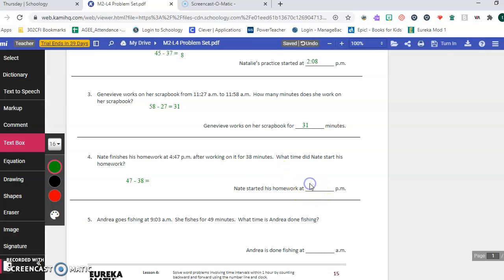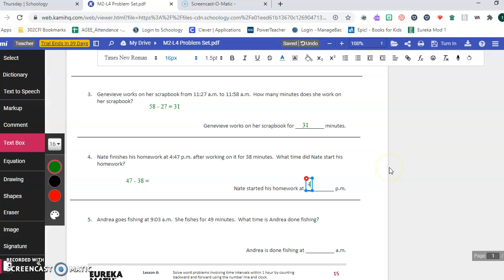Remember, we're working within the hour here, and it tells us that he's in the 4 o'clock hour, so we know that the time is going to be 4 something. You could count up or down from 47 to 38 or 38 to 47 to find the difference between these numbers. You could use a number line strategy if you choose.